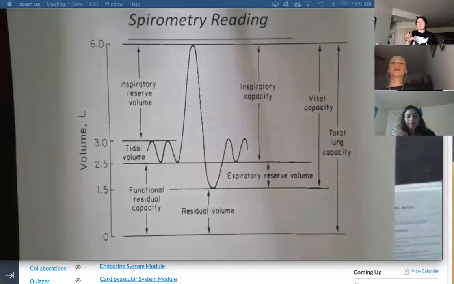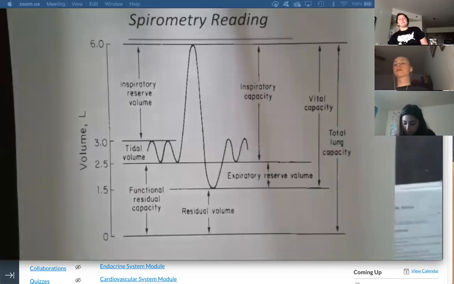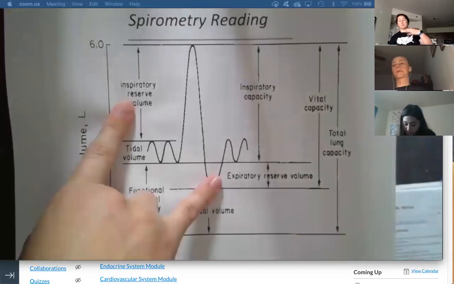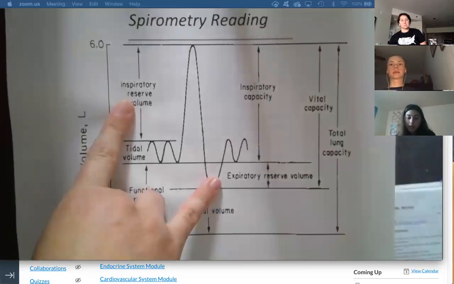We also have your inspiratory capacity, so that's how much you can actually breathe in. Then you also have it the other way, how much you can breathe out with that reserve volume, which you can see on both sides, here and here. That would be the amount that you can, if you push, either breathe in or breathe out, okay?